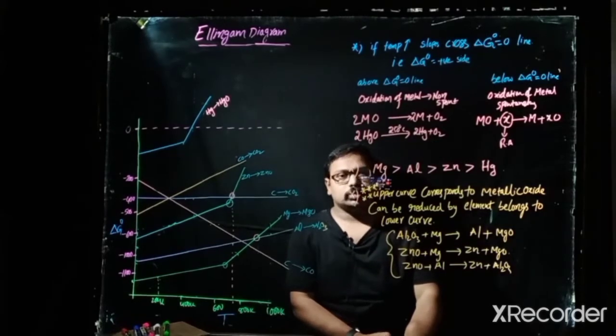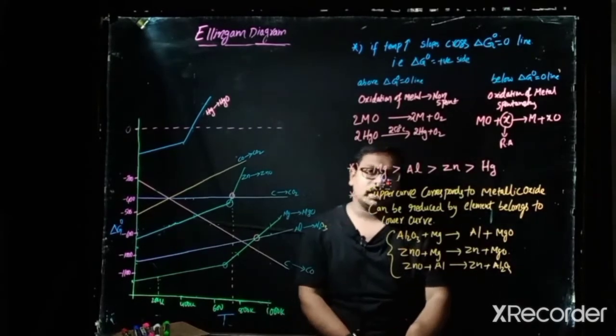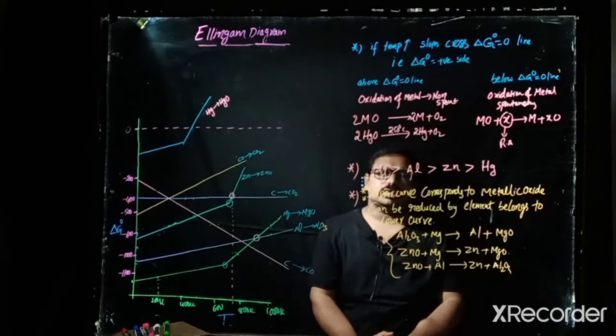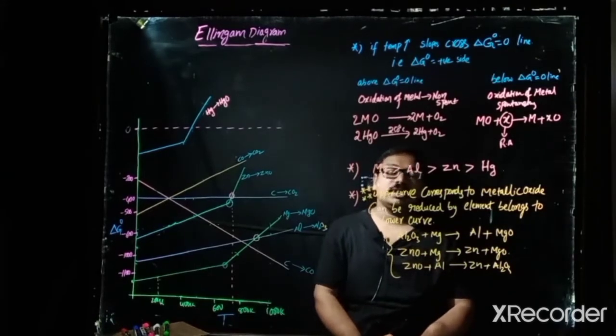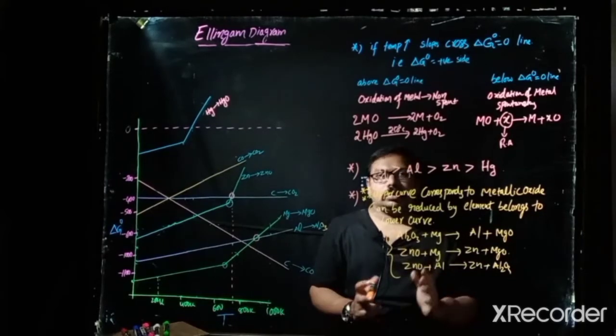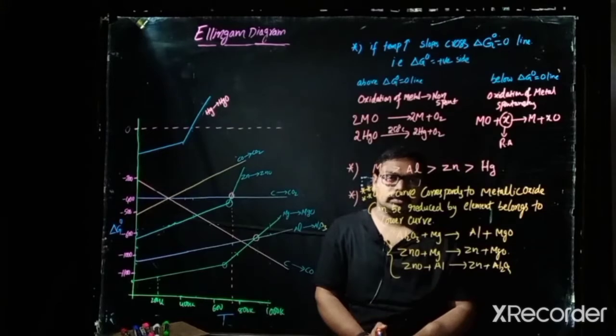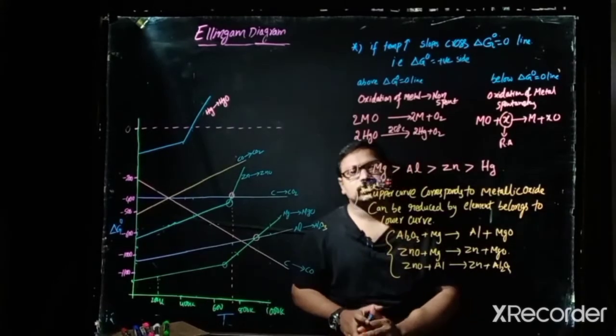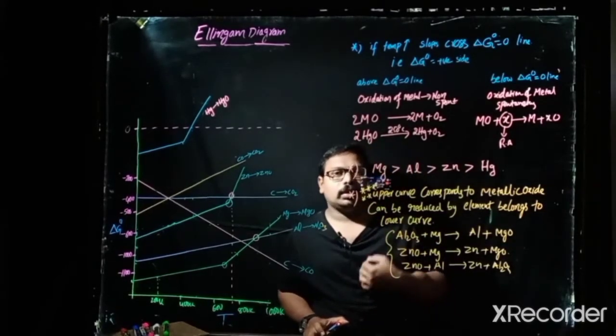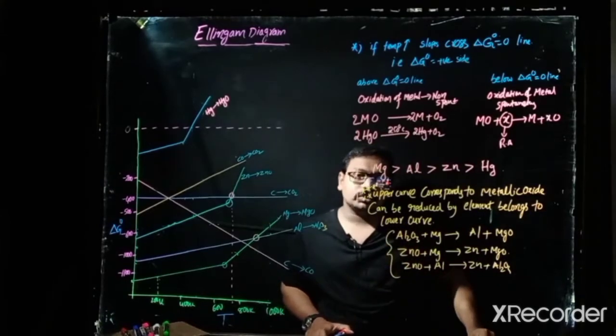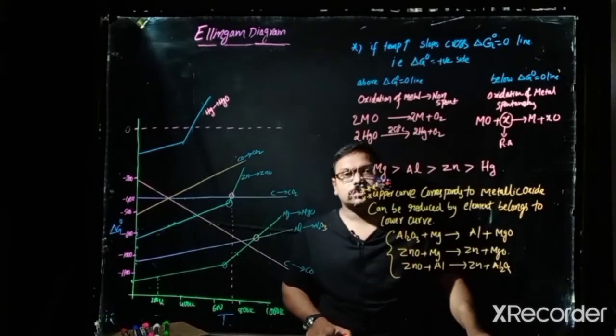Now we are finding the standard Gibbs free energy value during the coupling of the two reactions. We are assigning the reducing agent, and we can also calculate the standard Gibbs free energy.